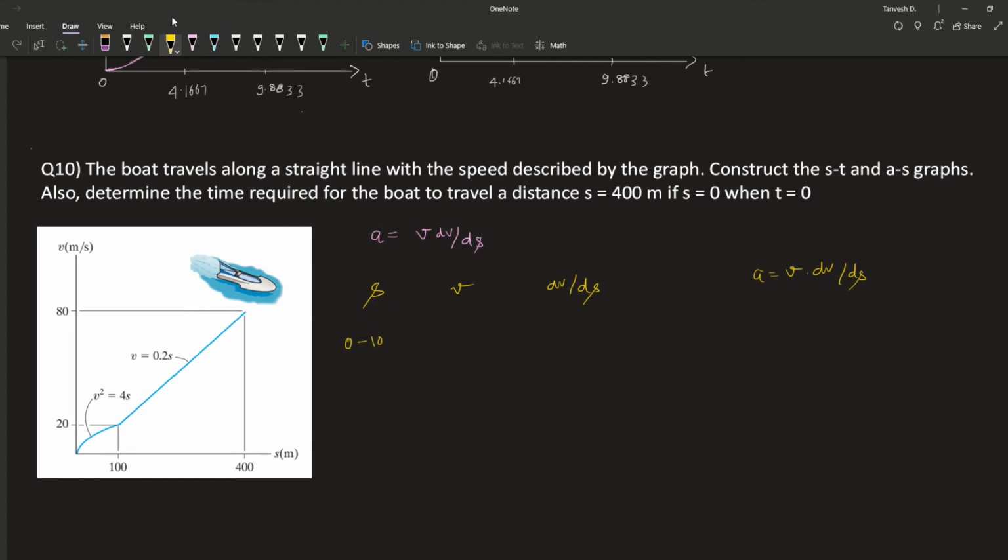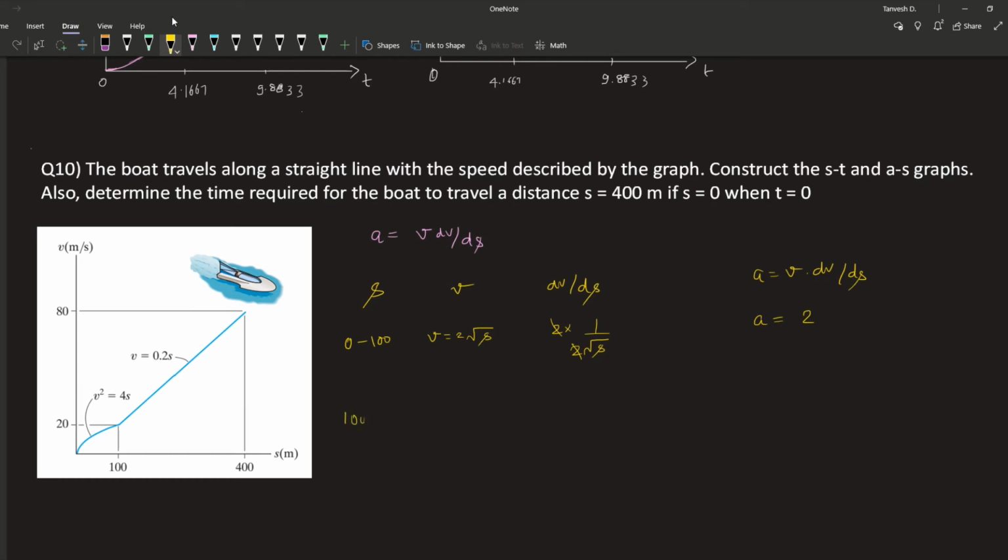From 0 to 100, our V square is 4s, so V is equal to 2 root s, and dV by ds will be 2 into 1 by 2 root s, which is equal to root s, right? And A is equal to V dV by ds, therefore this root s will get cancelled. A will be equal to 2. Therefore, we see that from 0 to 100, the acceleration is constant. It is 2 meters per second squared.